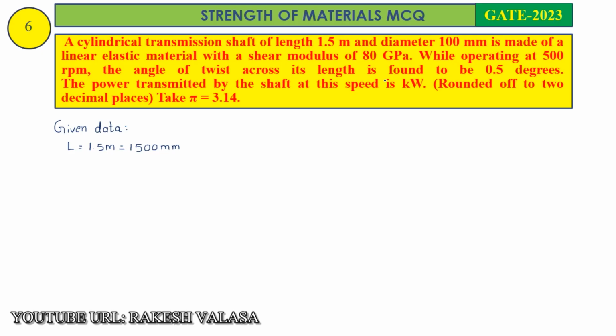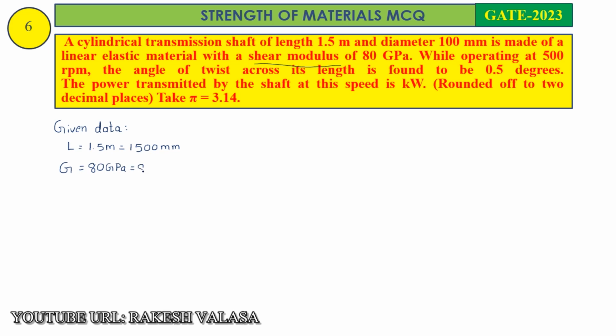It is made of a linear elastic material with a shear modulus. Here shear modulus or modulus of rigidity, both are the same, that means G equal to 80 gigapascal. To convert into Newton per mm square, giga means 10 power 9.